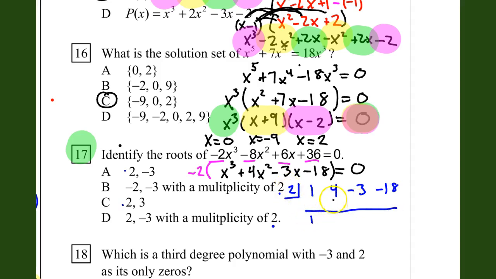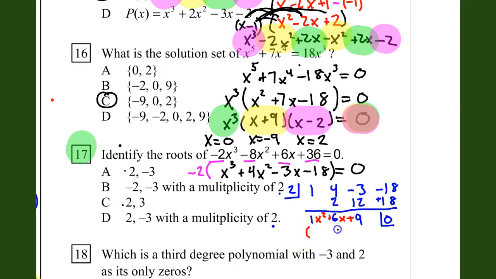So 2 times 1 gives us 2, 6. 2 times 6 is 12. 12 minus 3 is 9. And then 2 times 9 is positive 18. There's the answer. So we have x squared plus 6x plus 9.